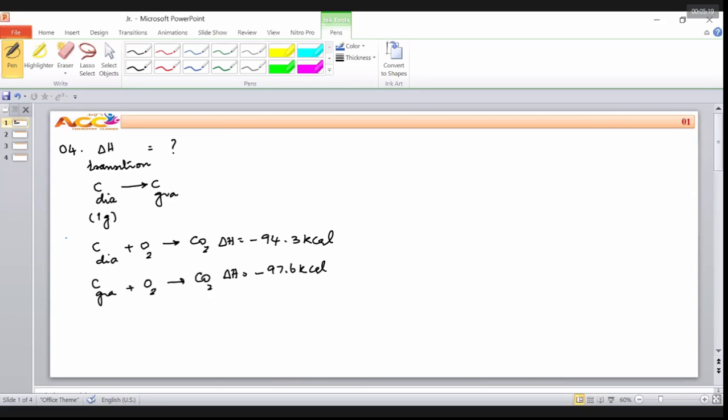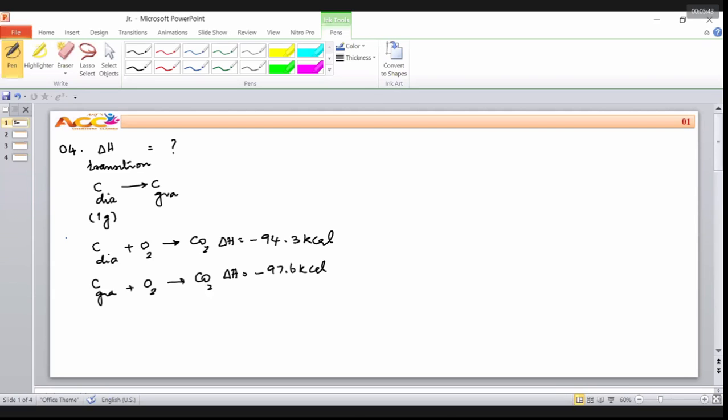And if, by doing that manipulation, you get the demanded equation, then whatever you have done with respect to equations, do the same thing with respect to energy.